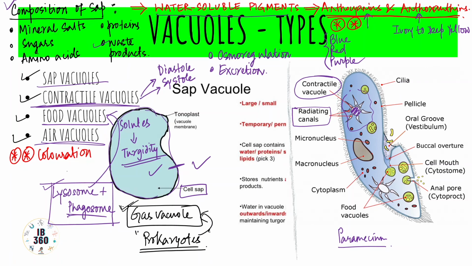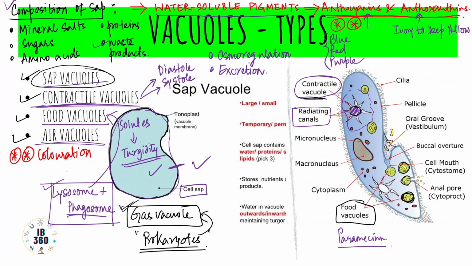An air vacuole is not just a single entity, neither is it surrounded by a common membrane. In the case of the sap vacuole, we have the tonoplast. Also in the case of the contractile vacuole, we have some sort of membrane, a definitive structure. For food vacuoles also, here are the food vacuoles, we have a definitive membrane separating them from the rest of the cytoplasm. In the case of gas vacuoles, we don't have such membranous organization. It consists of a number of smaller submicroscopic vesicles, and each vesicle is surrounded by a protein membrane, and they enclose metabolic gases like CO2 and O2.